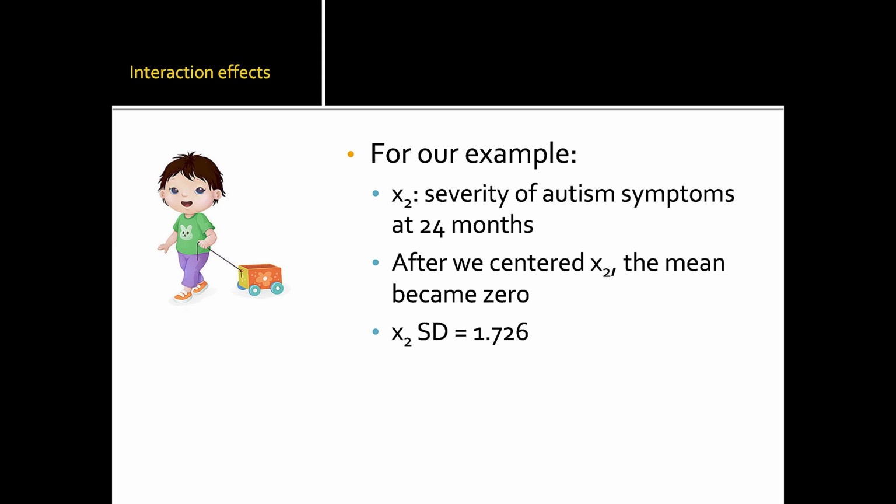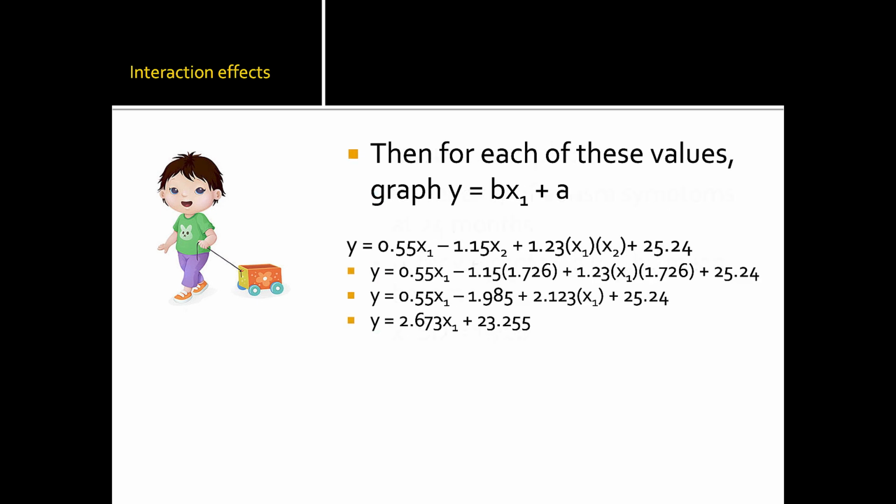We have, like I mentioned, x2, severity of autism symptoms. The mean became 0. The standard deviation is 1.726. And so then you plug 1.726 into this equation. This was our equation that I just showed you with x1, x2, and then the interaction term all in there. So you start with that and you plug in that standard deviation value for x2. You plug it in twice, and then it simplifies.